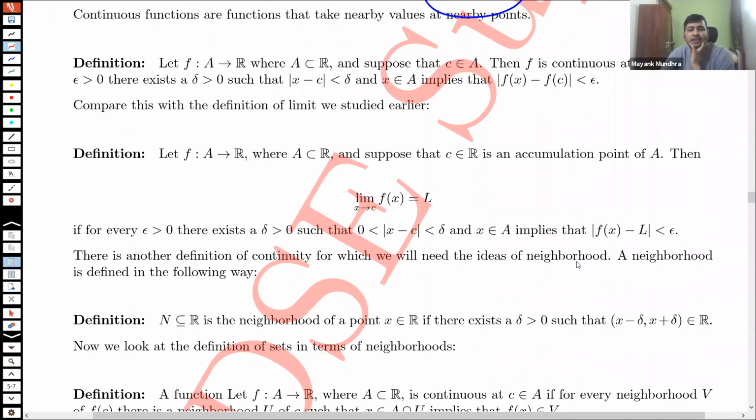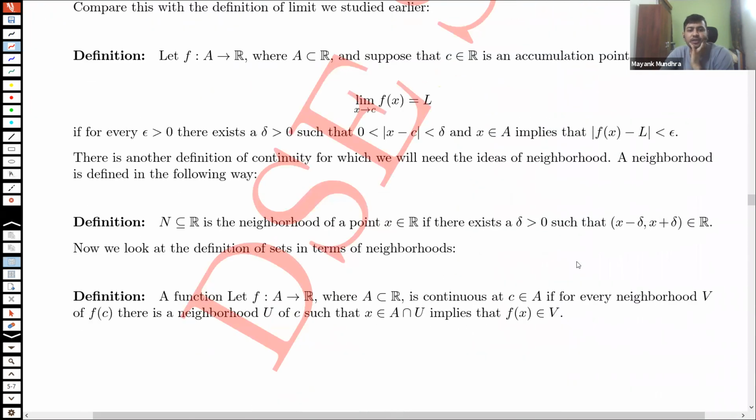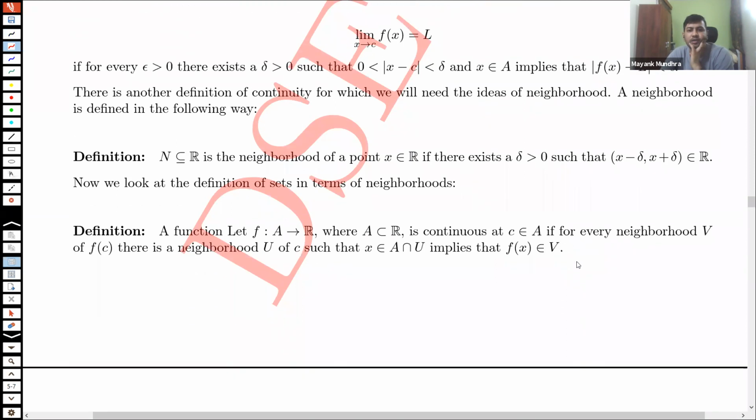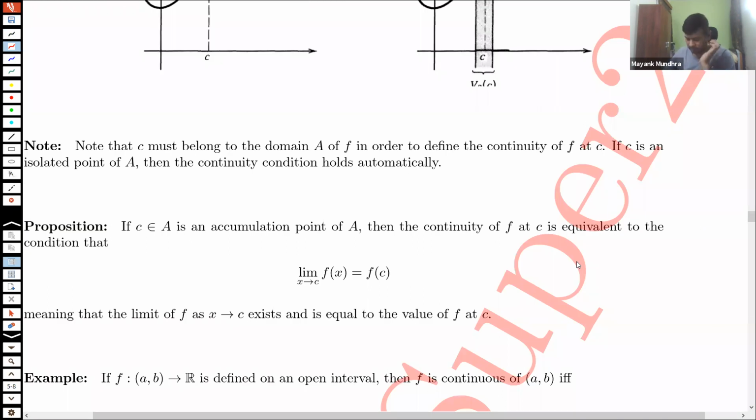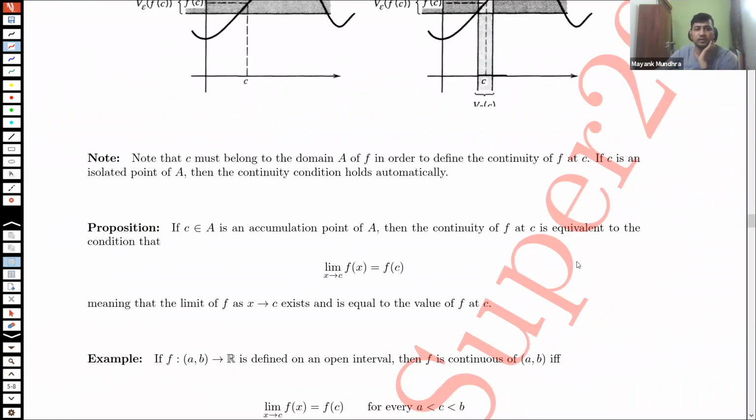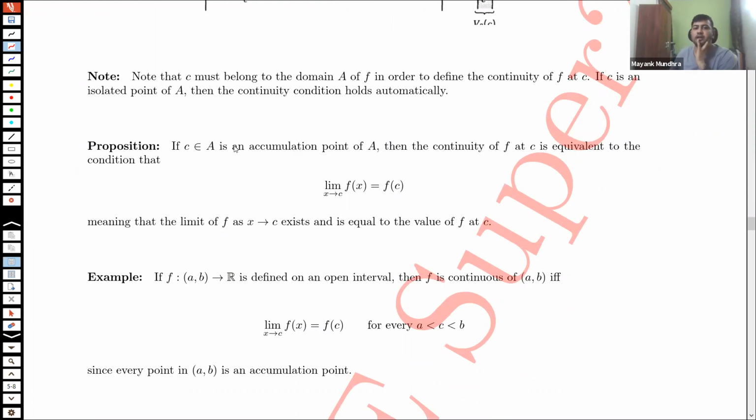Now, the final thing is continuity. Continuity is a very straightforward thing. I'm just jumping to this proposition because of shortage of time, because other things are not that important.